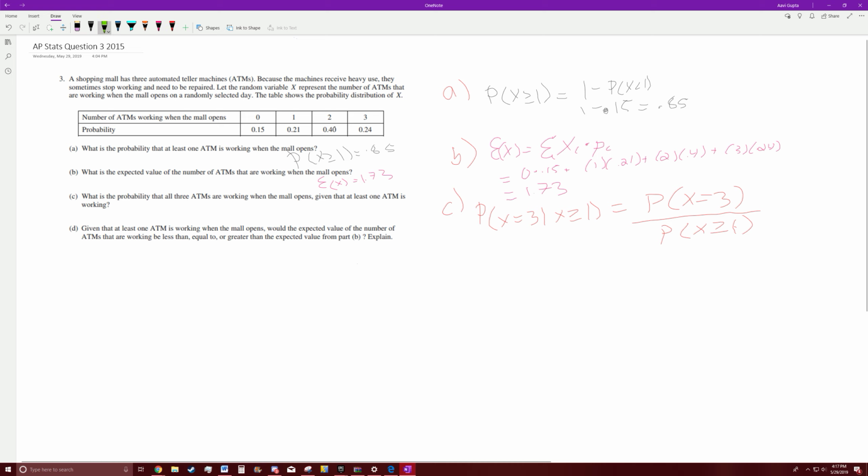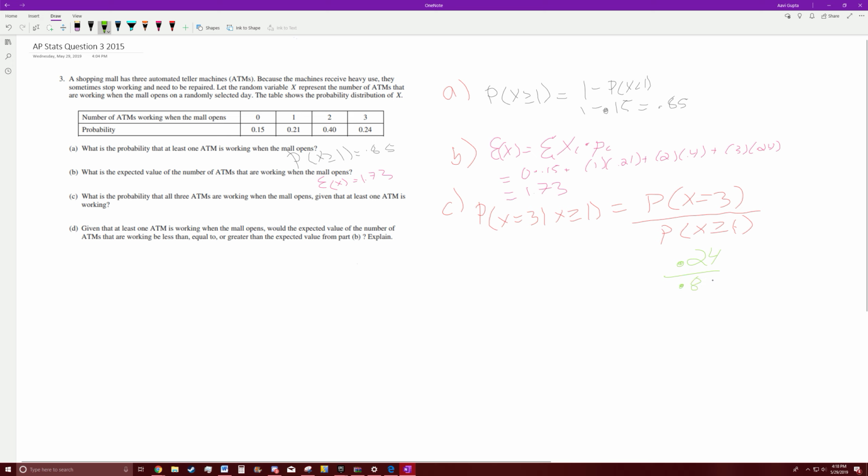This value is simply 0.24. So for example, 0 means that there are 0 ATMs working when the mall opens. 1 ATM working when the mall opens. 2, so on and so forth. So the probability that x is equal to exactly 3 is just 0.24. So I can write 0.24. And we calculated this value right up here, just 0.85.